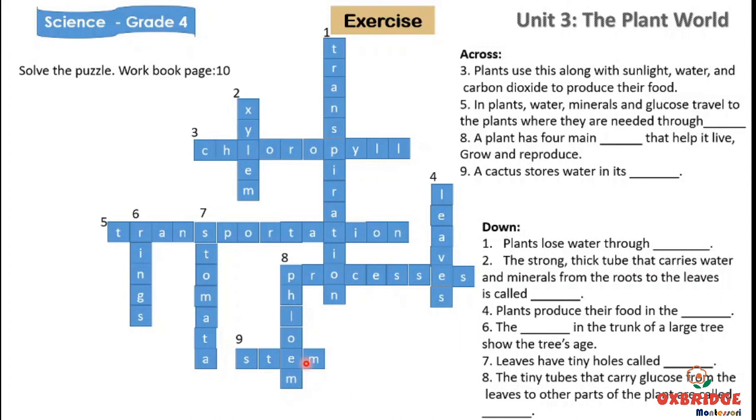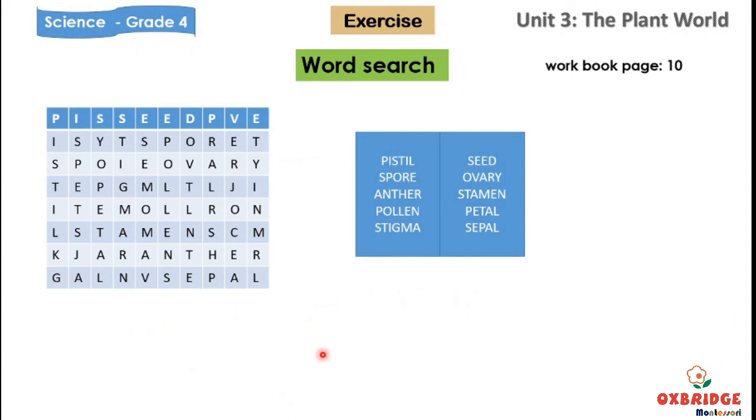So solve this puzzle in your workbook page number 10. Here is a word search. You can see a block in which different letters are written, and you have to find the words one by one: pistil, spore, anther, pollen, stigma, seed, ovary, stamen, petal, sepal. Here I am going to solve a few of them. Number 1, pistil.